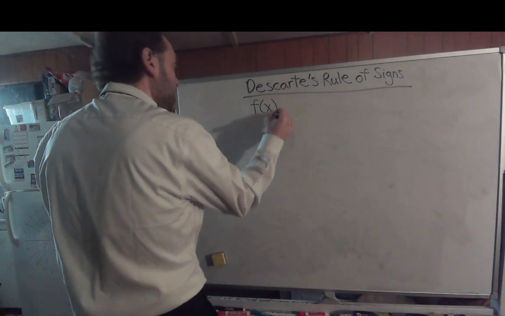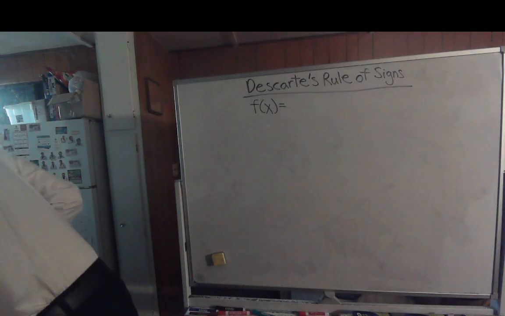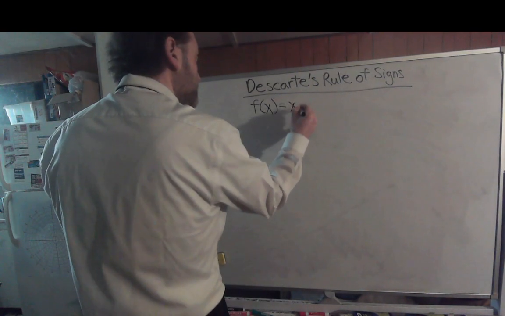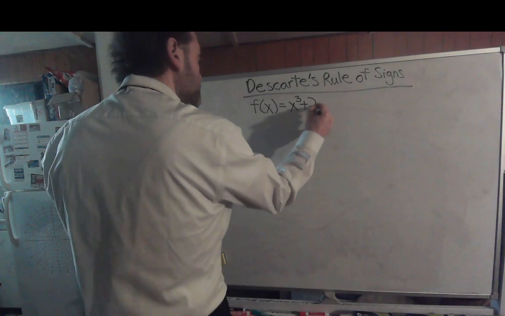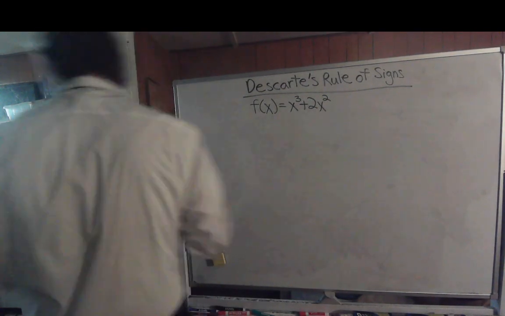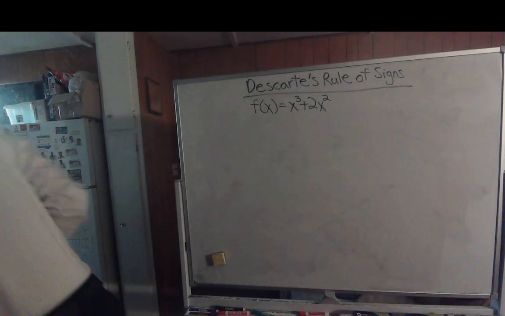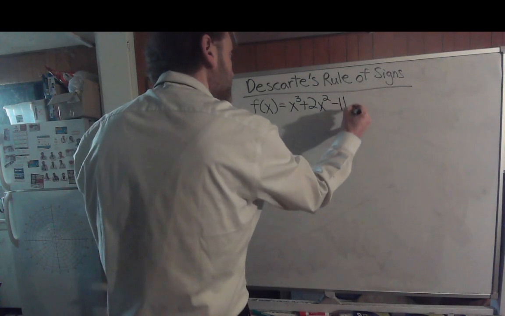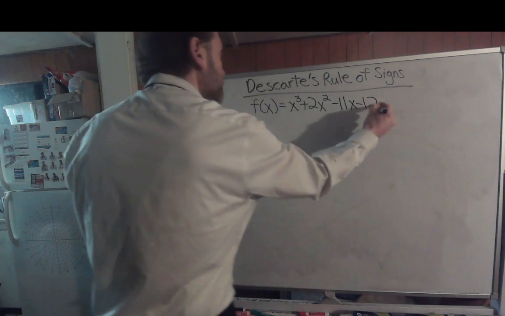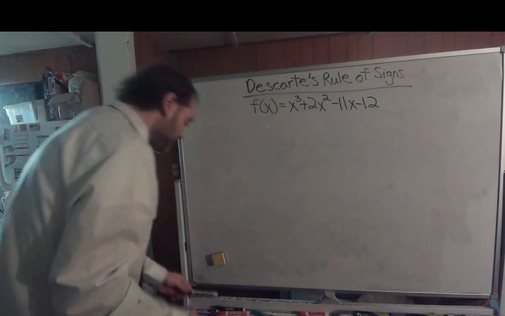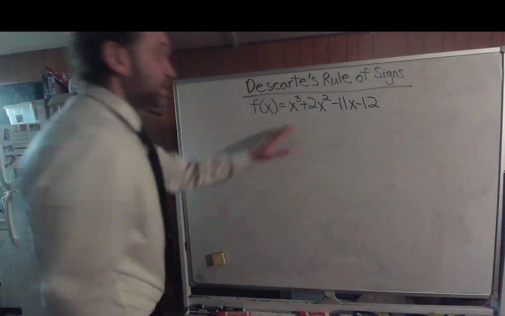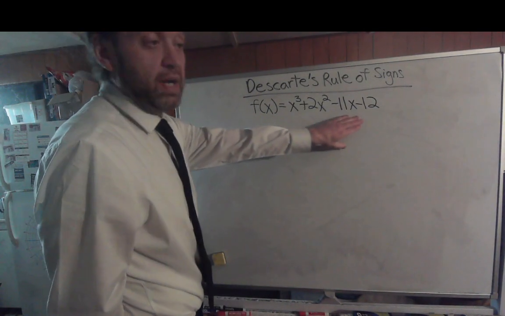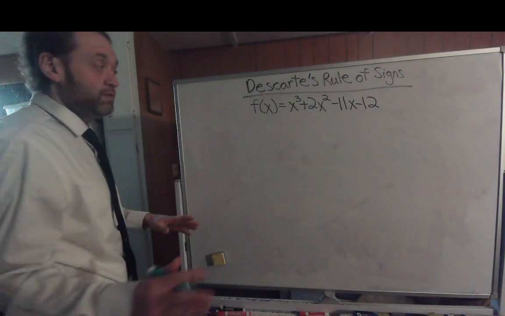So how about f of x equals x to the third plus 2x squared minus 11x minus 12. So here's your original polynomial.